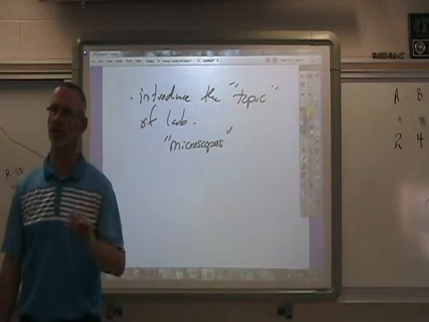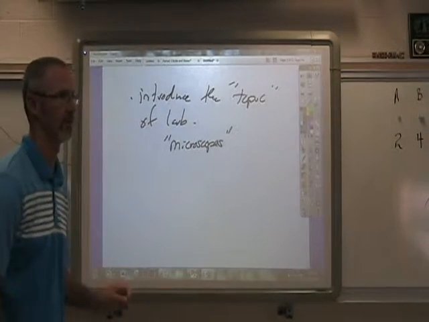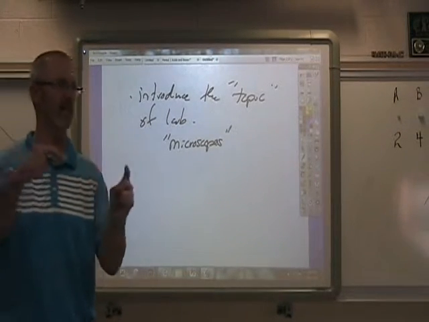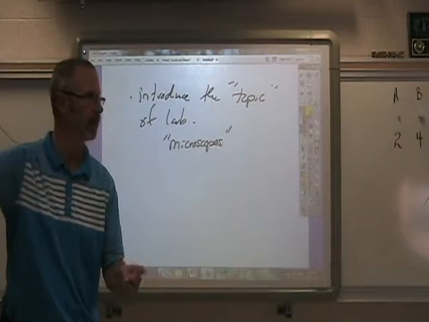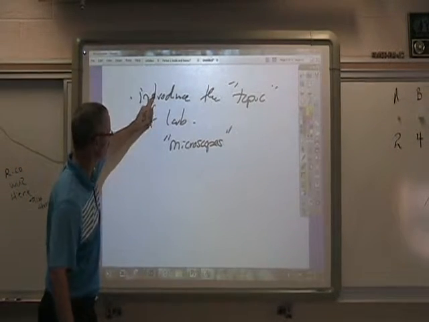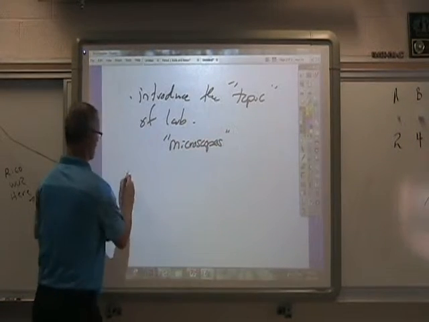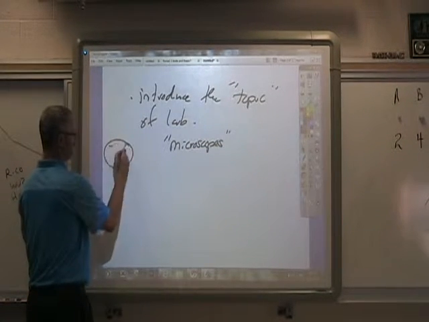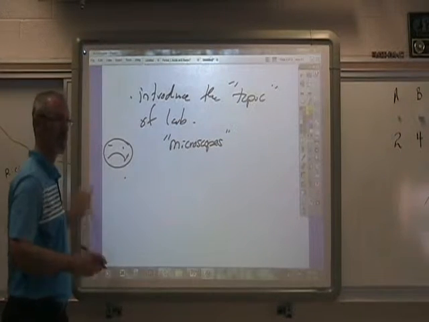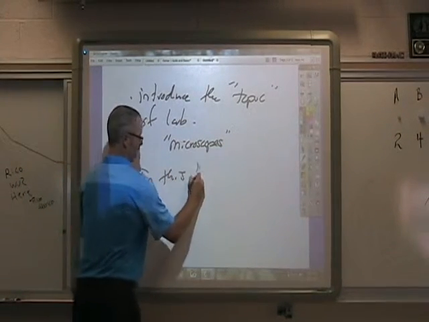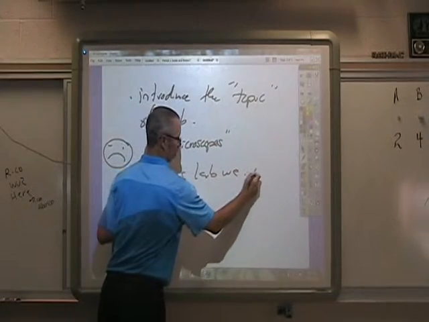Now this is the trick to the introduction when you get to college. Never, ever, ever talk about what you did in the lab. That comes later. You're just going to introduce what? Microscopes. Microscopes themselves. Never, ever, ever, I'm going to put a big sad face. Never ever say this: In this lab, we.